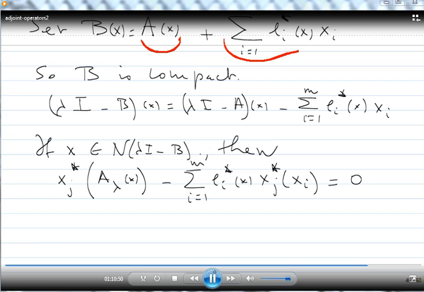But remember that the xj stars span the null space of A star, and therefore xj star of A lambda x is going to be A lambda star of xj star, and that's 0.